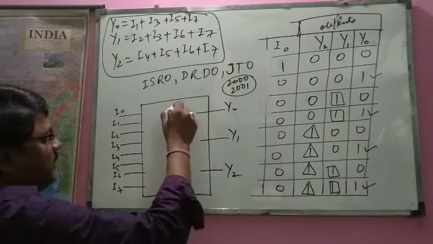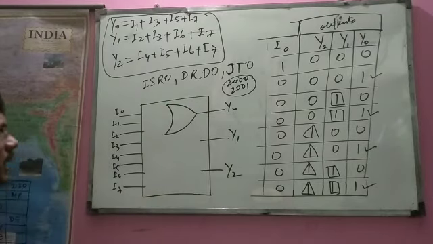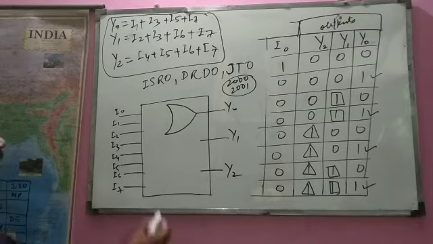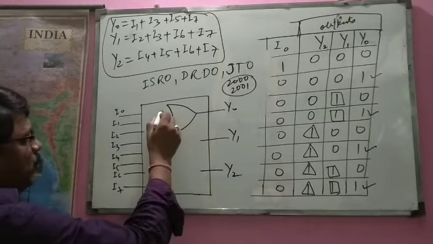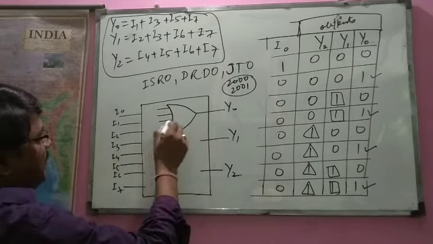So take here an OR gate, and connect this one with I1, I3, I5 and I7.